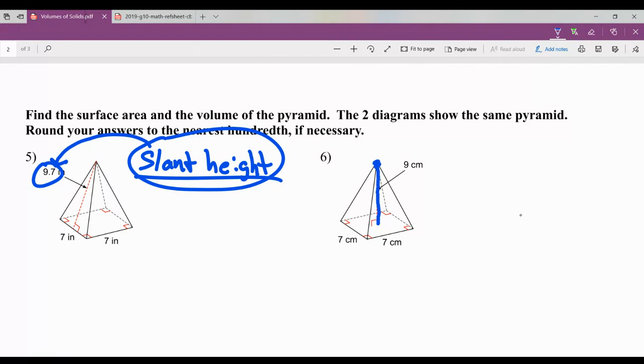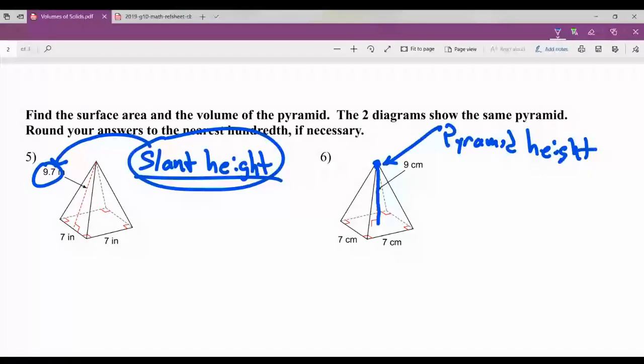So this is, wow, dyslexic spelling. Pyramid height. The reason I gave you both and separately is because sometimes they will only give you one and not the other.